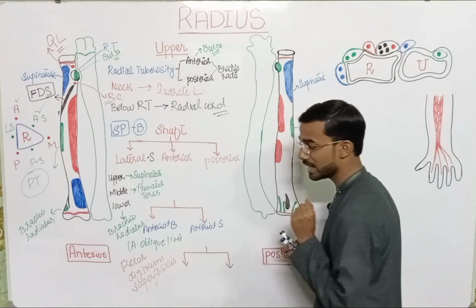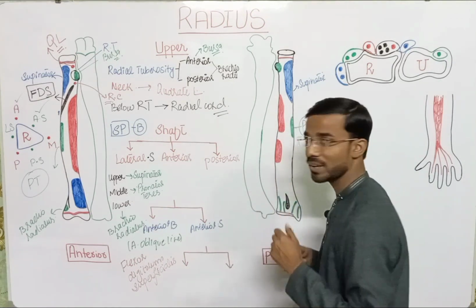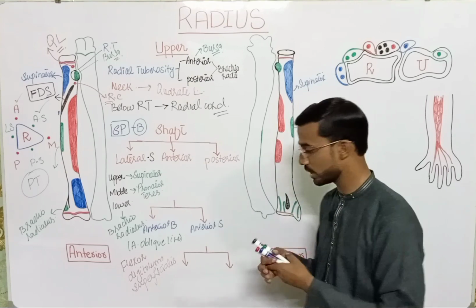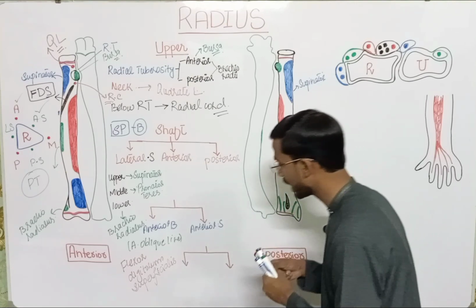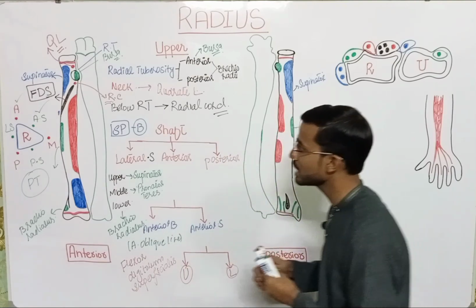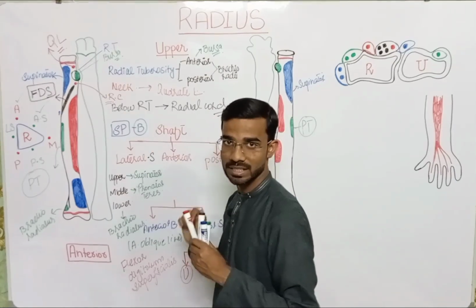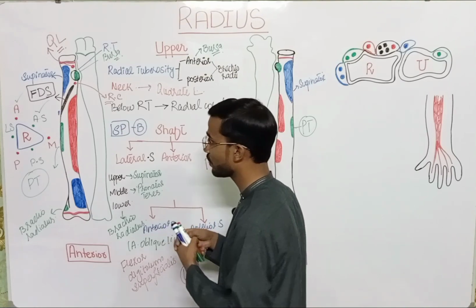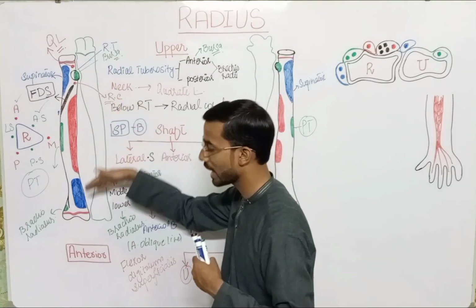And next is the anterior surface. We divide the anterior surface into the upper portion and the lower portion. Here you can see this is all the anterior surface. Now this anterior surface has an upper side and a lower side.